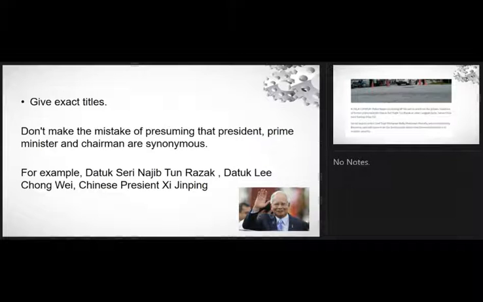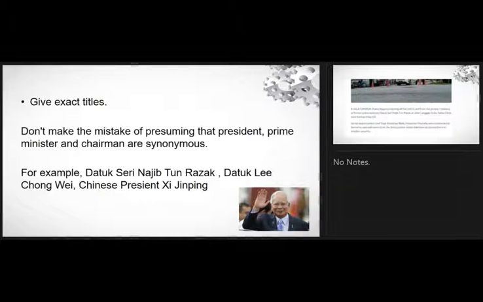Don't make the mistake of presuming the president, prime minister and chairman are synonymous. For example, Dr. Sri Najib Tun Razak, the former prime minister of Malaysia, you have to spell it all out, Dr. Sri. You cannot just say Najib. Another example is Datuk Lee Chong Wei, because as a journalist in Malaysia, you have to know their position and who they are.